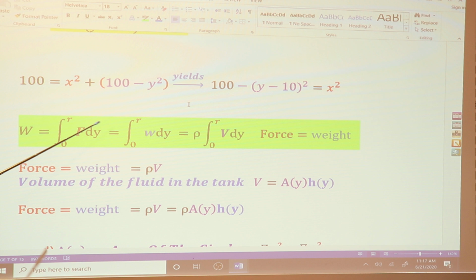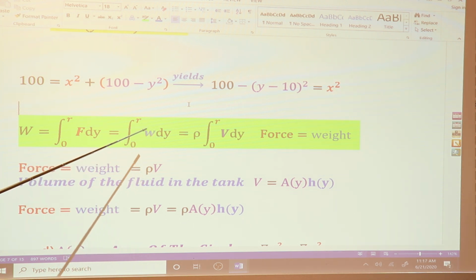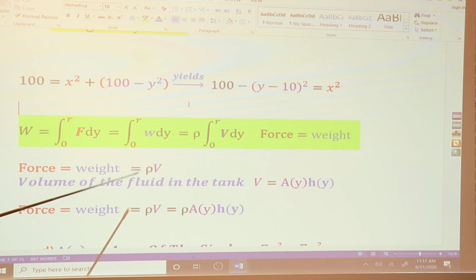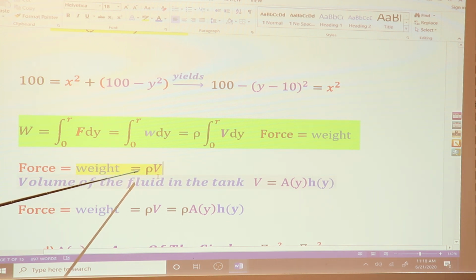This is the formula. In my case, the force is the weight of the fluid, the oil in the spherical tank. In fluids, the weight equals rho V. Remember this one, where rho is the weight density, and V is the volume of the tank.